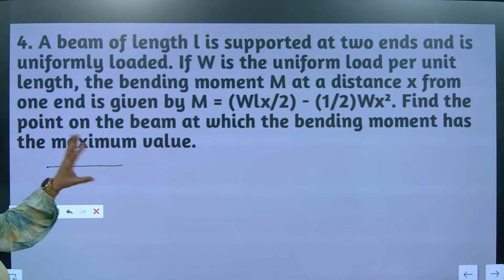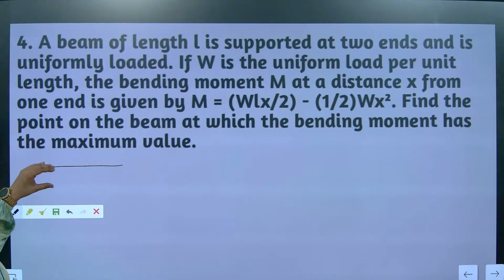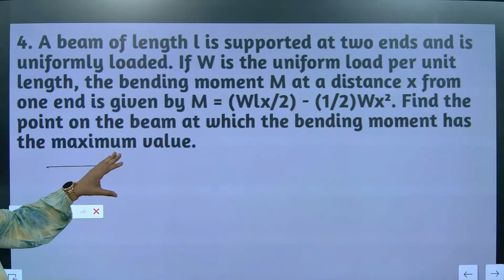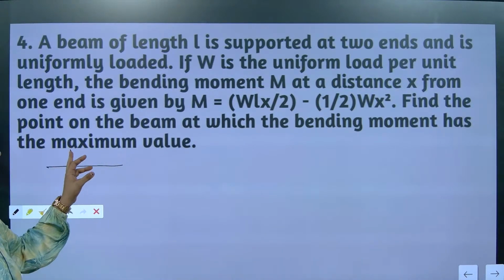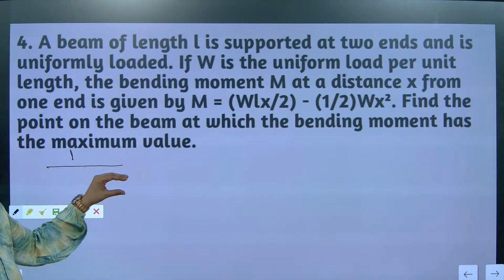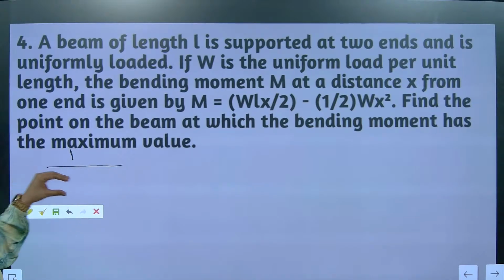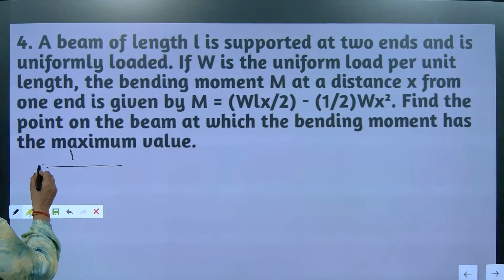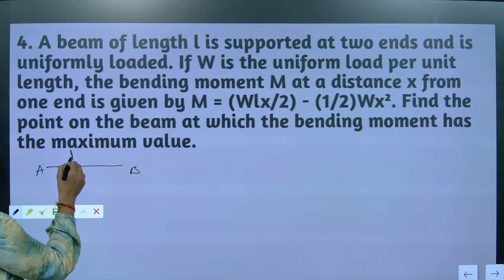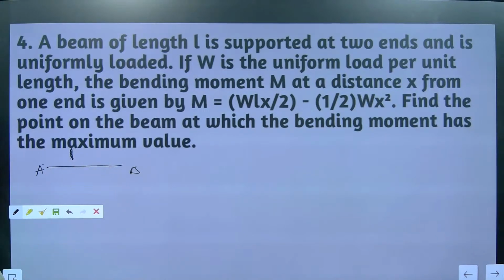So W is the uniform load. Per unit length means whatever length L is there, W is uniformly loaded in the entire length L. Got it? So AB has length L and W is uniformly loaded here.